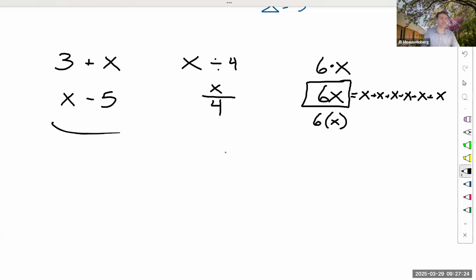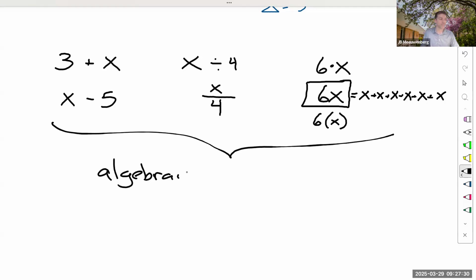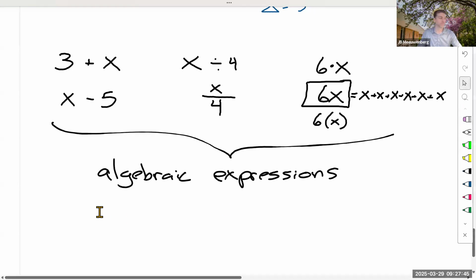All of these things that we just did are called algebraic expressions. Let me write a definition down here for you.